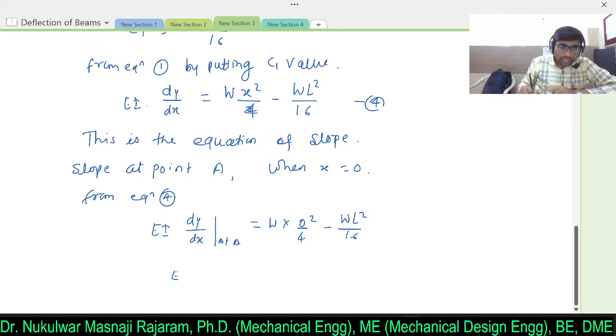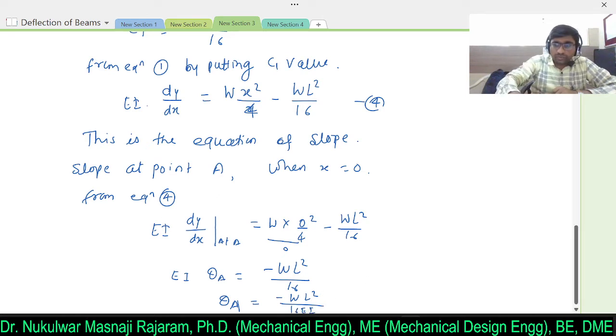So I will write theta A equal to minus wL square divided by 16, and this term will become 0. So if I take EI to that side, then theta A, or slope at A, will be equal to wL square divided by 16 EI.